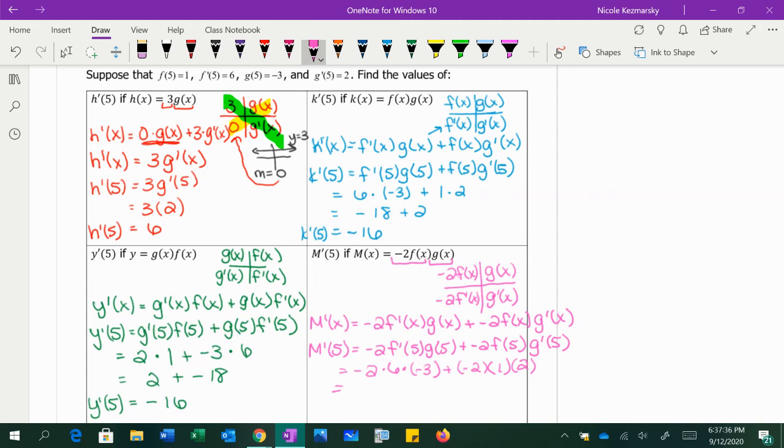So we have, let's see, 6 times 6, that looks like, so 36. And we've got a negative in here, so I'm going to go ahead and say minus 2 times 2 is 4. And 36 minus 4 gets us m prime of 5, which is 32.